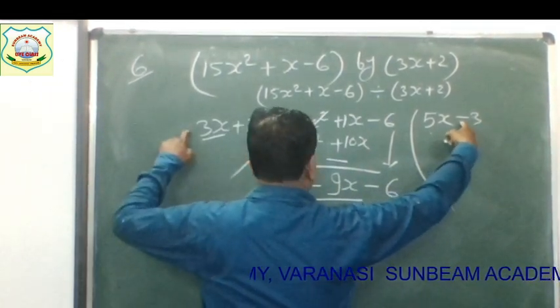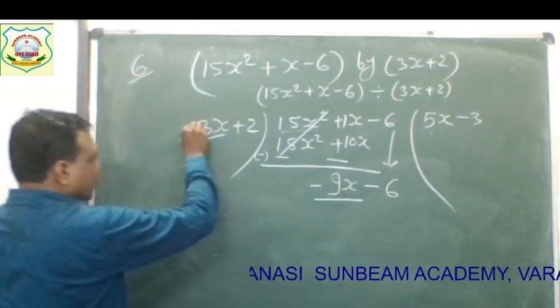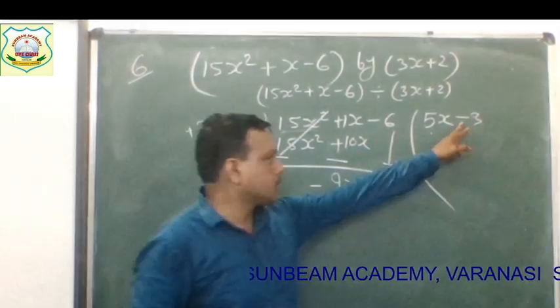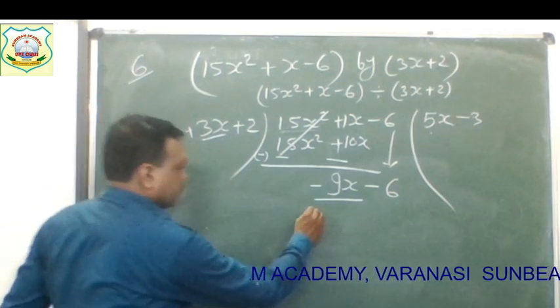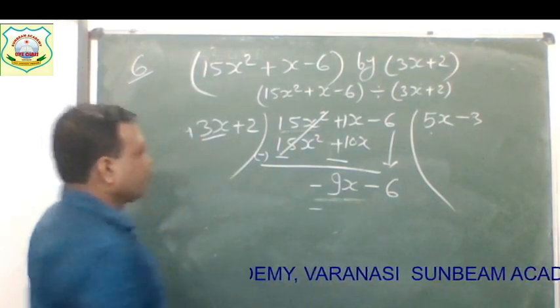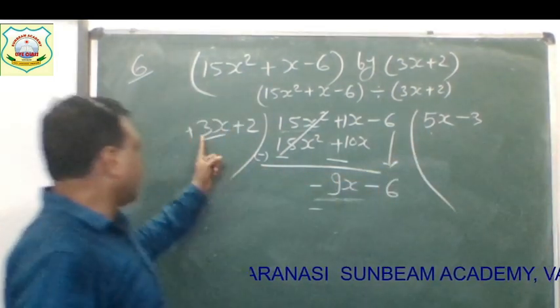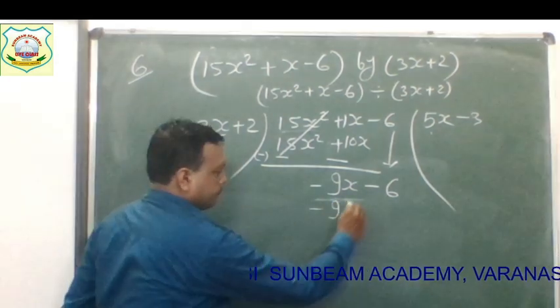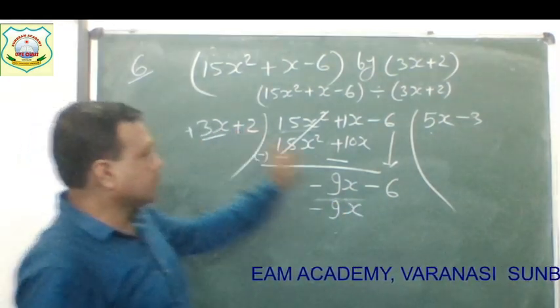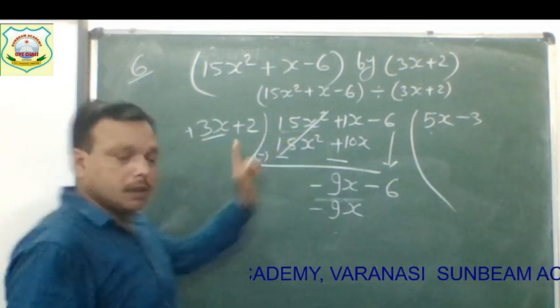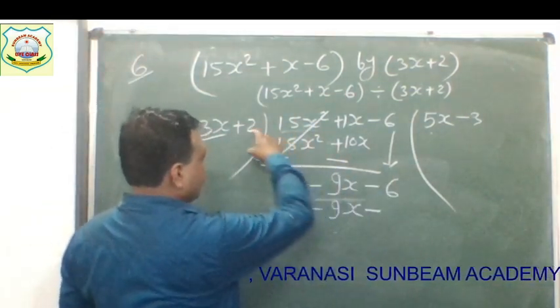So minus plus, look students, here is a plus. So minus and plus, minus first of all. Then 3 times 5 is 9x. Here plus, here minus, plus into minus, minus. And 3 times 2 is 6.